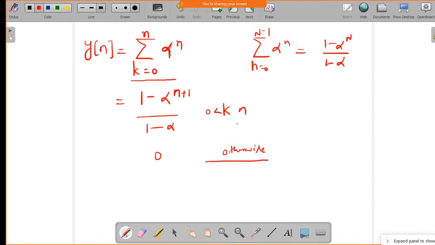Or you can write it as k between 0 and n, and 0 otherwise.